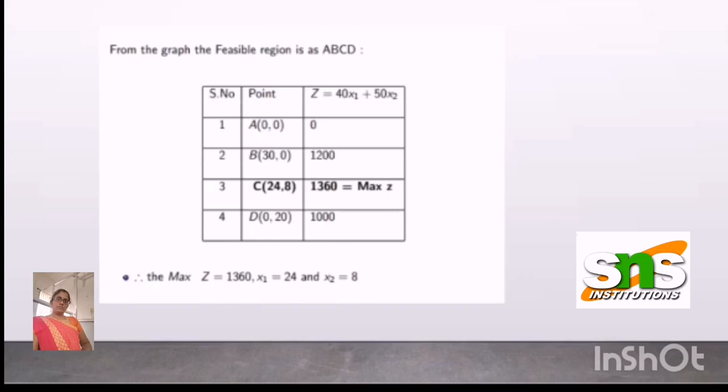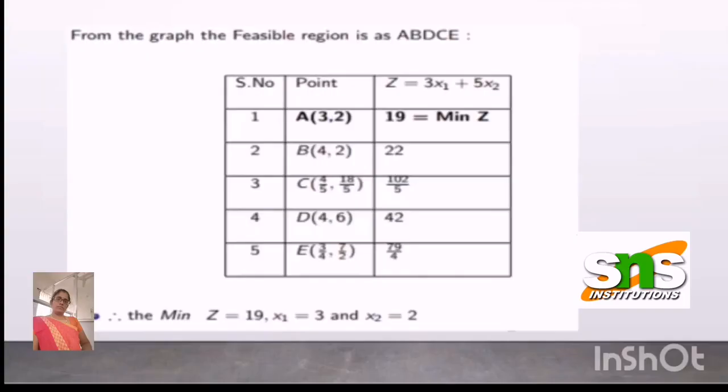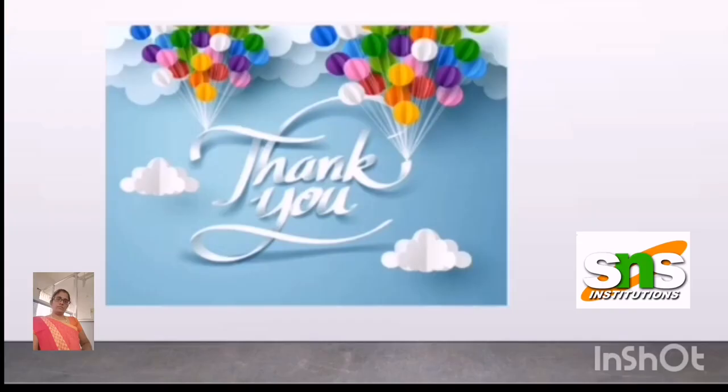For x1 equal to 0 and x2 equal to 20, we get 1000. From these 4 values, the maximum value is 1360. This is the optimal solution. Therefore the optimal solution is maximize z equal to 1360, with x1 equal to 24 and x2 equal to 8. Okay, thank you.